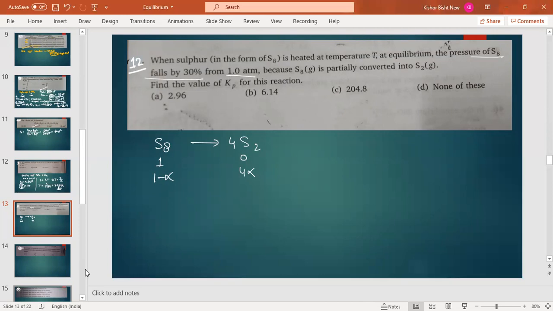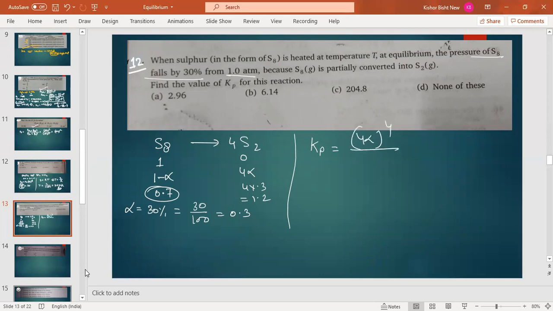What is the meaning? Alpha is equal to 30%. 30% means 30 upon 100, that is 0.3. The value of alpha, so 4 into 0.3 is equal to 1.2. And 0.7 will remain, 1 minus 0.3. So then Kp is equal to how much? Here you need to find out Kp. Directly you write product upon reactant, 4 alpha to the power 4 upon 1 minus alpha.